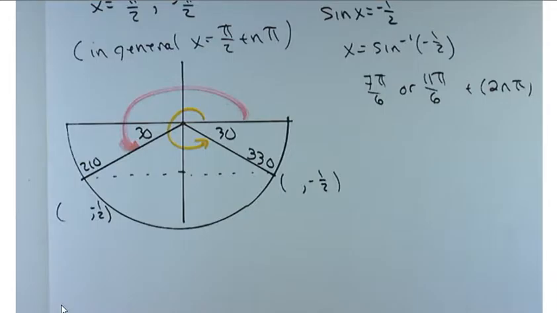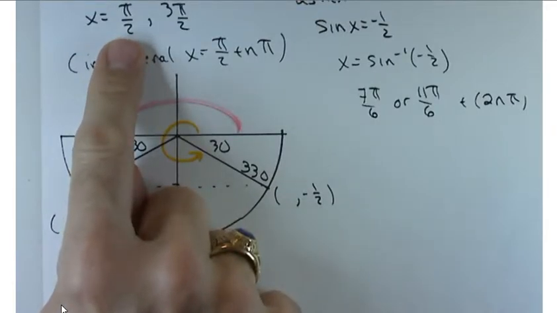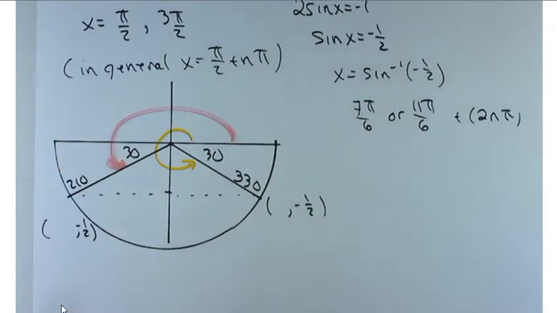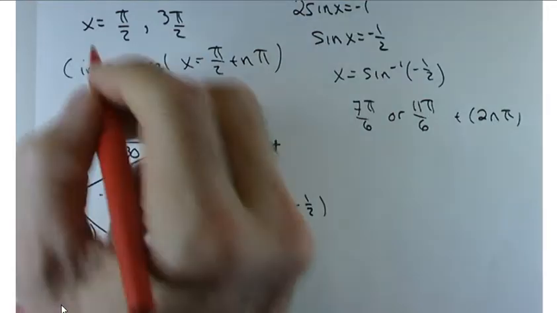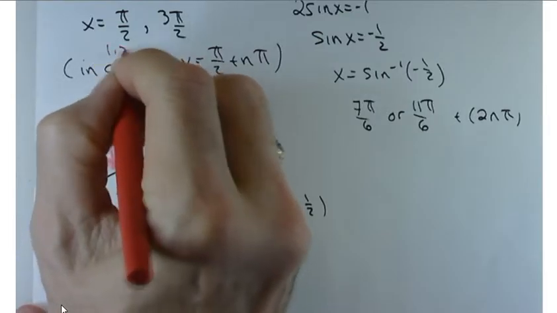If you're like me, you don't really have these numbers memorized. You don't know what their decimal values look like. So let's calculate some decimal values. This is going to be about 1.57.